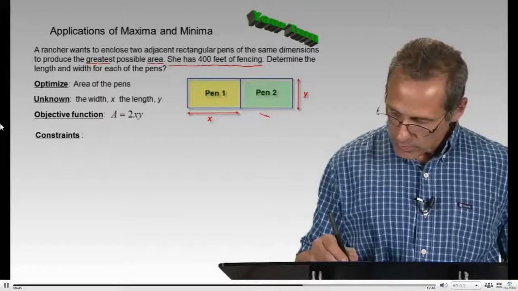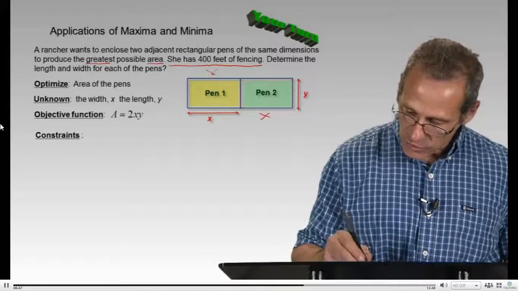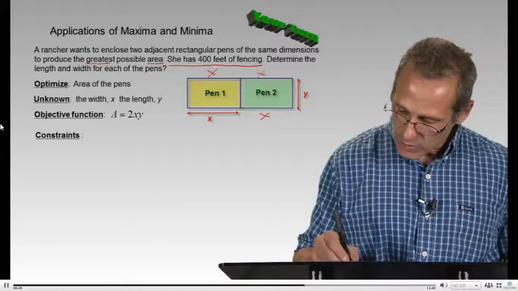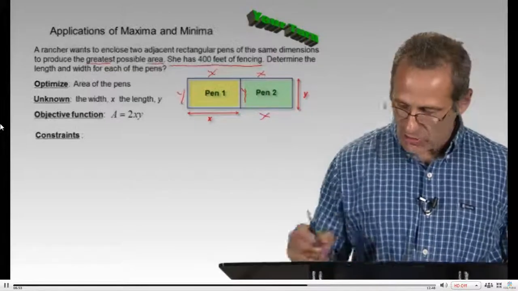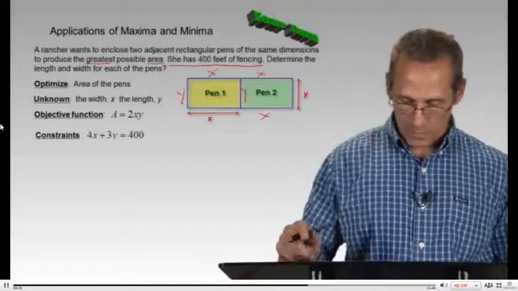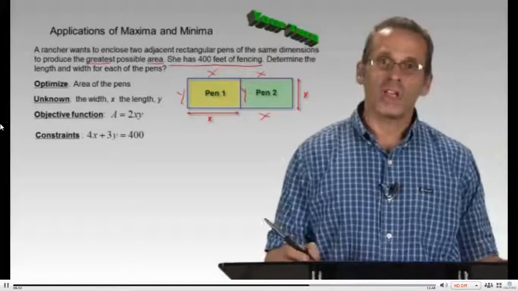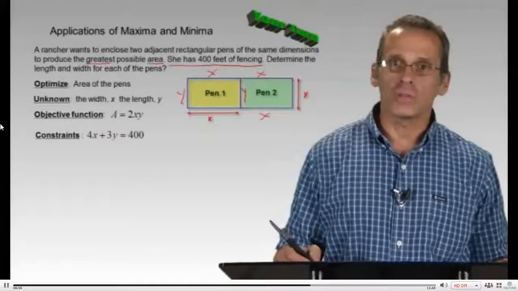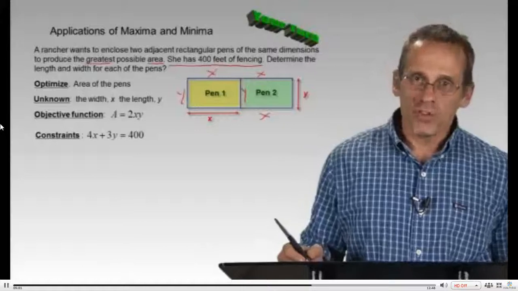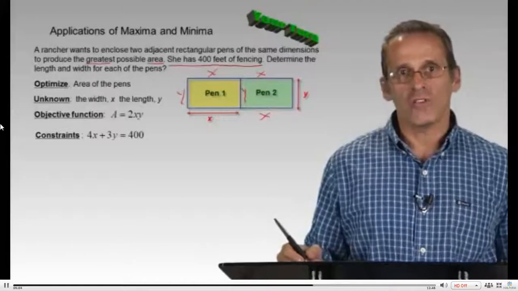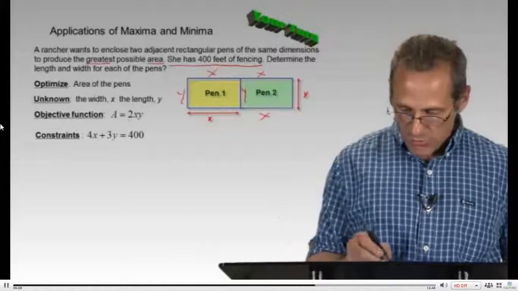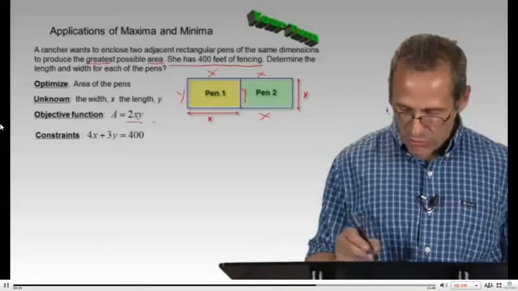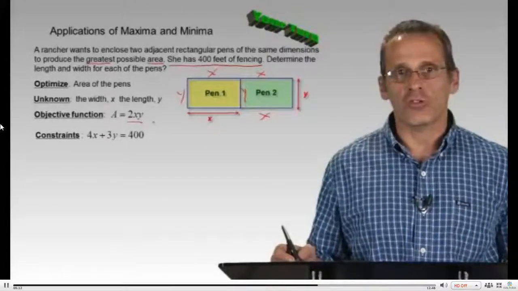And if you notice, this enclosure has four widths of length x and three lengths of length y. So 4x plus 3y equals 400. The purpose of writing the constraints is so we can solve for one variable in terms of another, so we can write our objective function just in terms of either x or y.